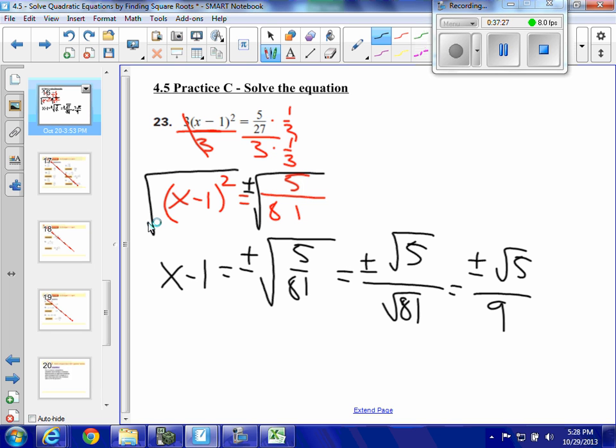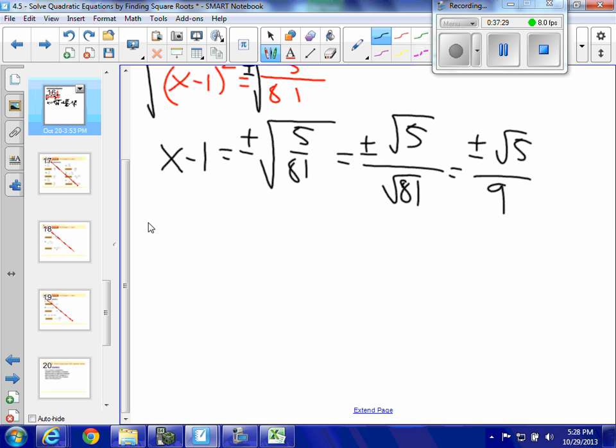Isn't that nicer? That's much nicer. I still have this 1 sitting over here, though. It's kind of in my way. So I'm going to add 1 to both sides of the equation. And I get x is equal to 1 plus or minus the square root of 5 over 9.